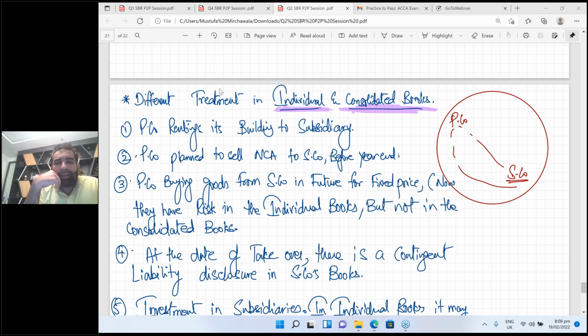Listen to this example. Before point number 3, I'll give you a layman example so that you can understand it easily. Let us say today my brother and I are watching a cricket match between Pakistan and England. We entered into a bet, let us say a gamble.